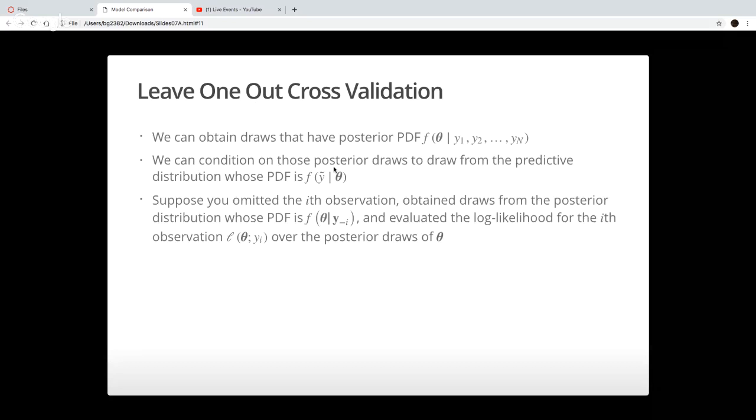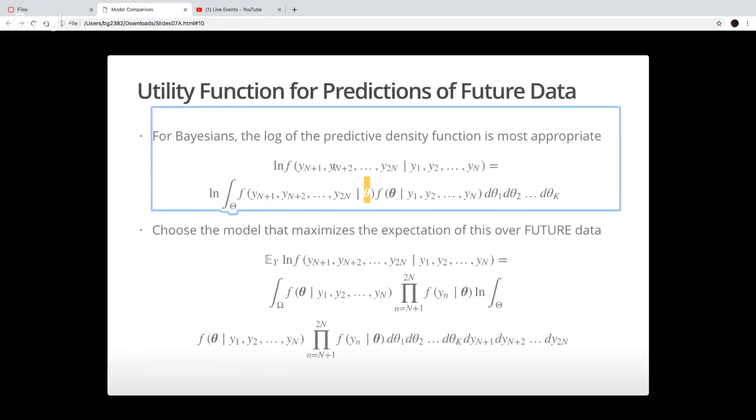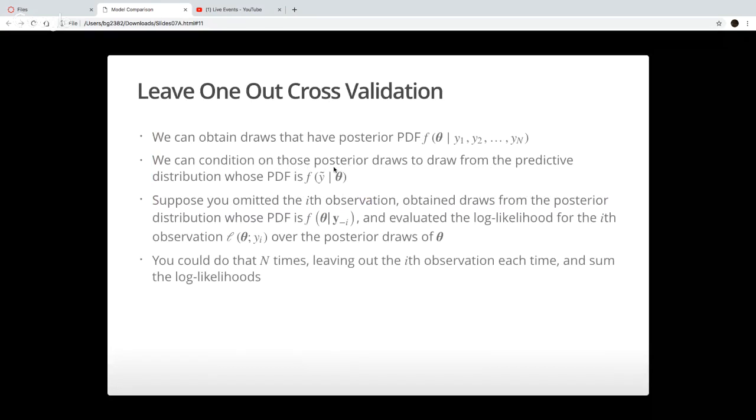Do that 10 times, one for each of the 10% segments that you could leave out. That's fine as well, but the limit of k-fold cross-validation as k gets to n is leave one out cross-validation. And that is conceptually a really good way to estimate this expected log utility, or expected log predictive distribution.